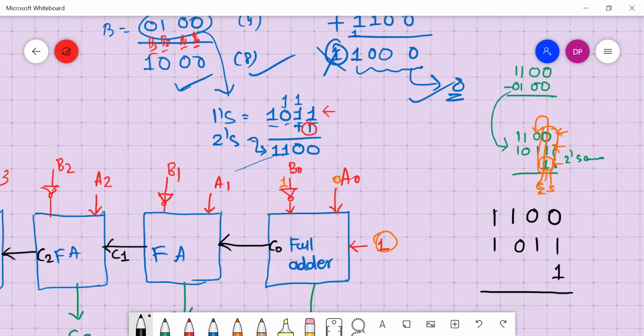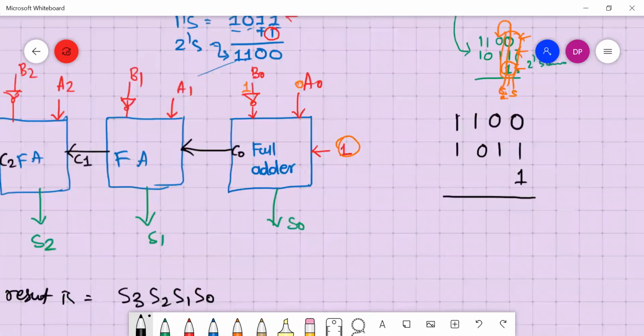Try to complete this. What sum are you getting? I am writing the sum in green color. So 0 plus 1 plus 1. Go to the full adder and see: 0 plus 1 is 1, 1 plus 1 is 2. 2 means the sum is 0 and the carry is 1. The carry is taken over here.